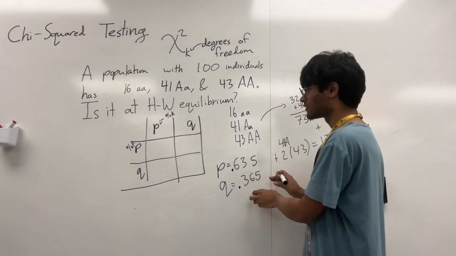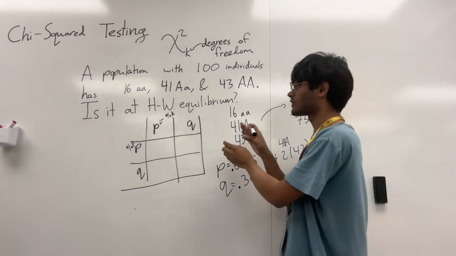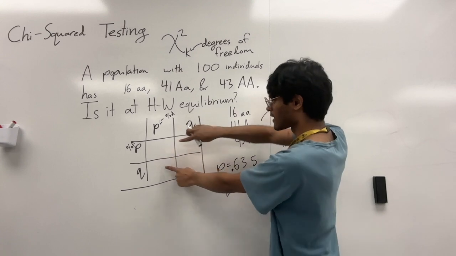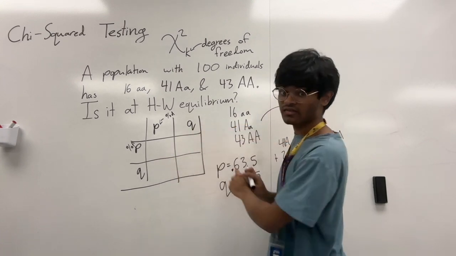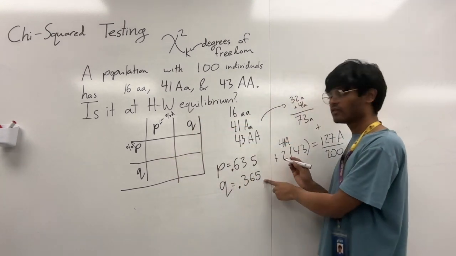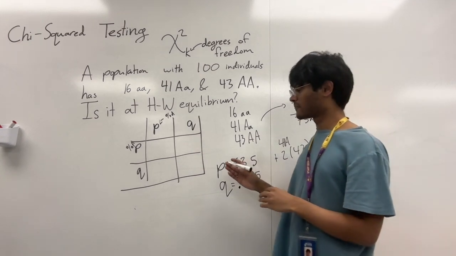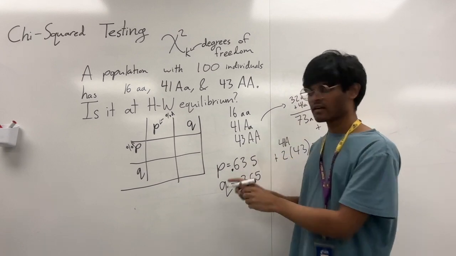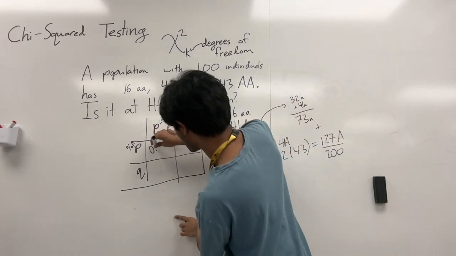With these two values, we can now calculate our expected number of individuals who are homozygous dominant, heterozygous, and homozygous recessive by taking our p and q values and multiplying and combining them. Let's see what they would be. We take p squared and get 0.403.